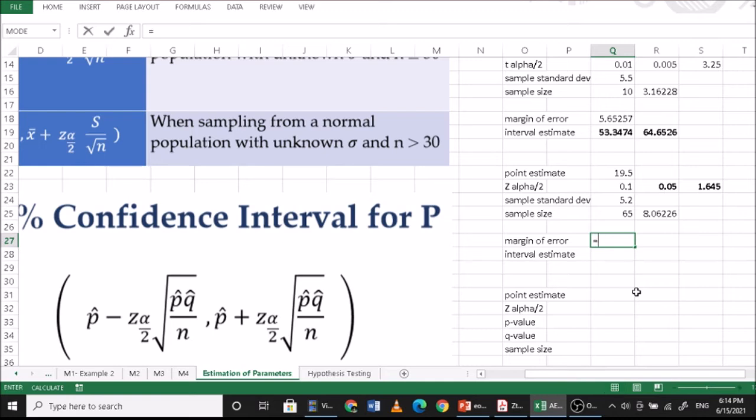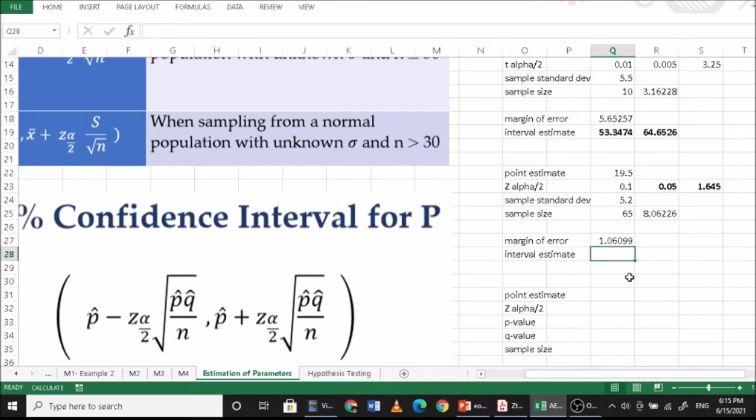So this is now 1.645 times s, which is 5.2, divided by the square root of n. So the margin of error is 1.06.